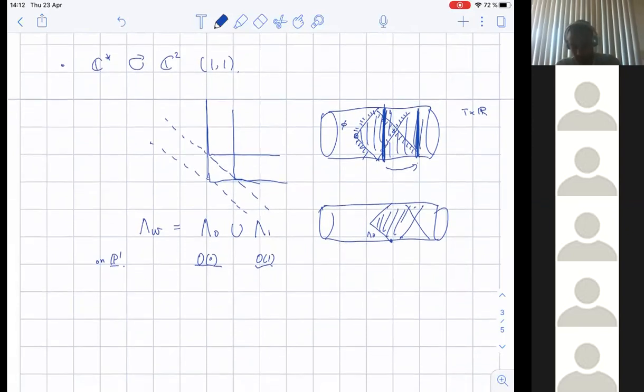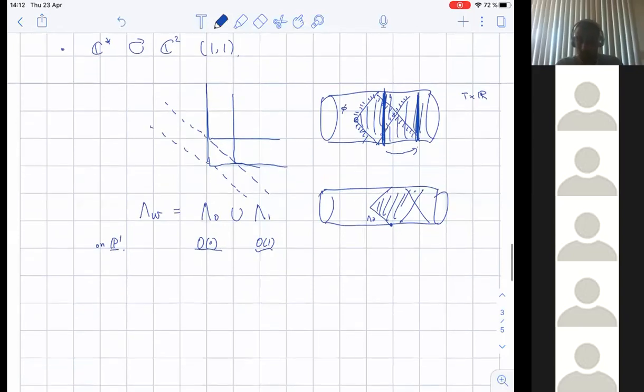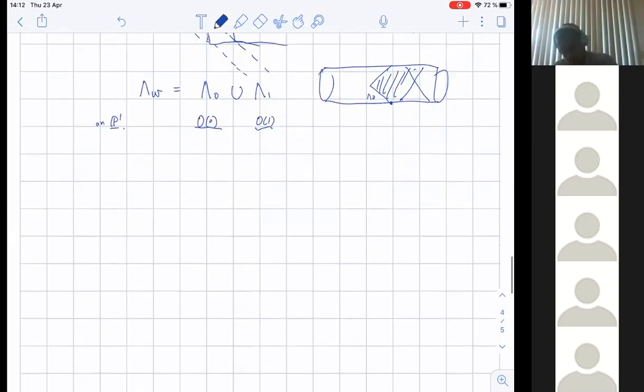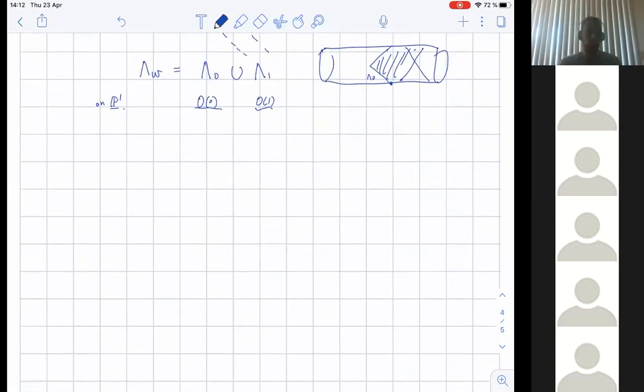Okay, so maybe I plan to use the remaining time to give some terminology, and then I want to discuss the notion of isotopy of skeleton, because I feel that's sort of the main valuable thing in this exercise.